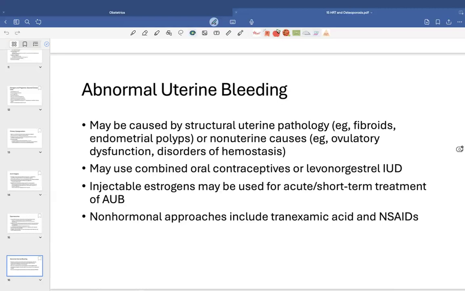weight gain, and what we will sometimes give, not always, is megestrol, which is an oral progestin, given at a super physiologic dose, 400 to 800 milligrams a day, which is a whopping high dose of progestin.